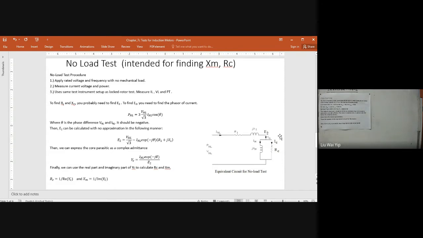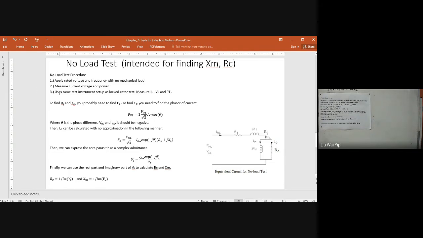We don't have any elements about the rotor in the equivalent circuit because the low load test is equivalent to the open circuit test. So in this case, the current will be going through the stator winding and also the core.